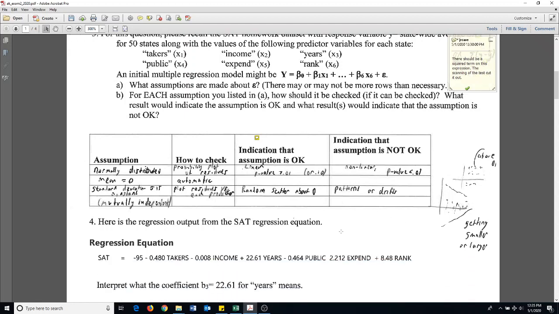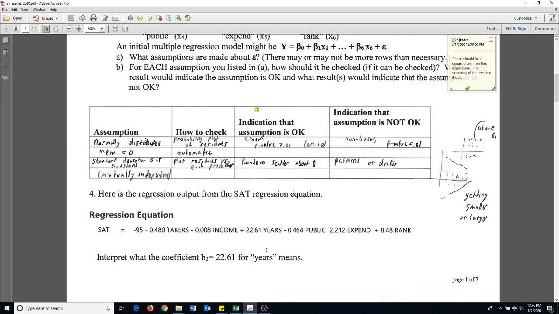Number 4 is a question about interpreting. By the way, this is an example of a sample estimate of a regression, whereas the betas up here are our linear model, the model that we build with the epsilon and the betas. This is our sample result with the b's and numbers here.